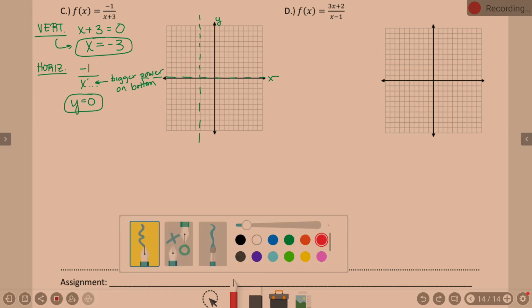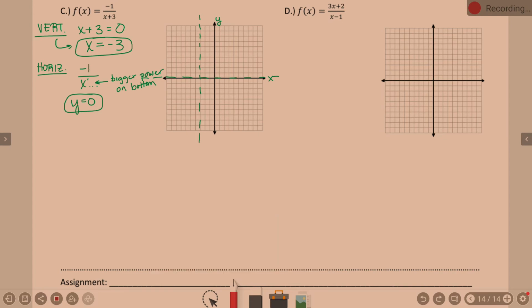Okay. Let's talk intercepts. What about an x-intercept? We want y to be 0, so we're going to set the numerator equal to 0. What is my numerator?